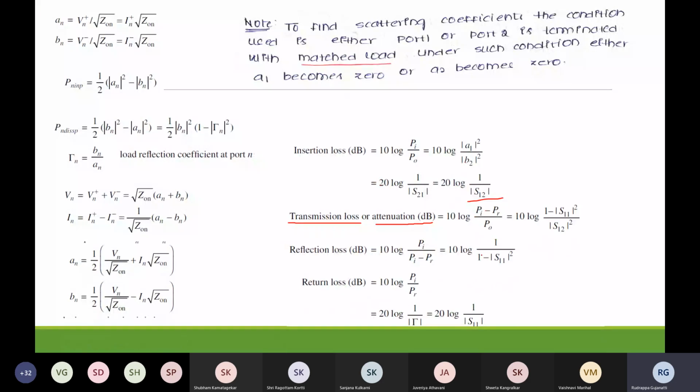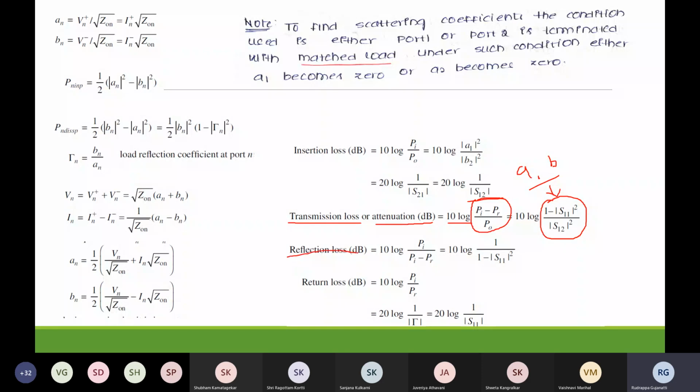So we have the transmission loss defined by 10 log of (Pi minus Pr) divided by P naught. If I represent this in terms of A and B parameters and simplify, I'll have the representation which is 10 log of (1 minus magnitude of S11 squared) divided by magnitude of S12 squared.